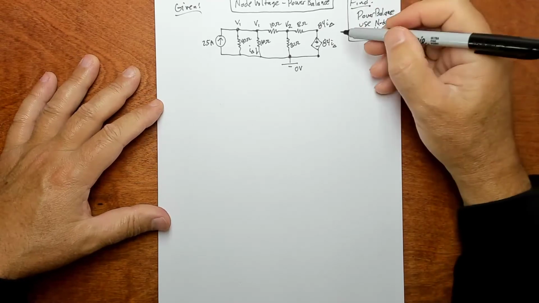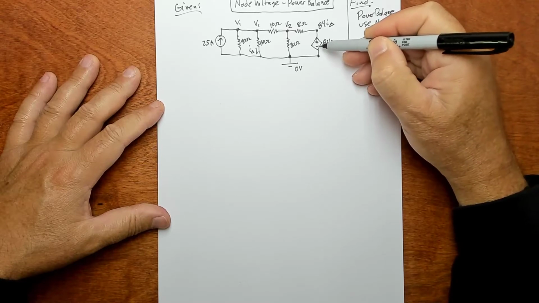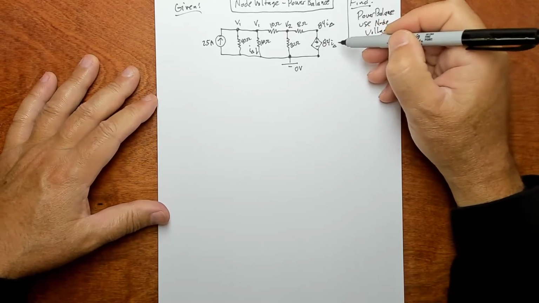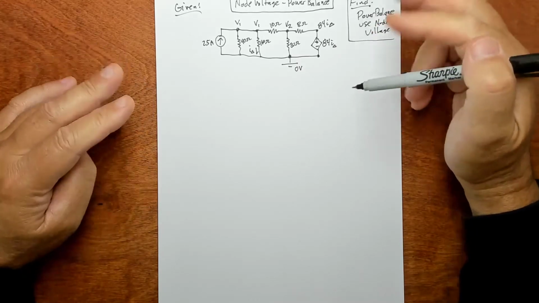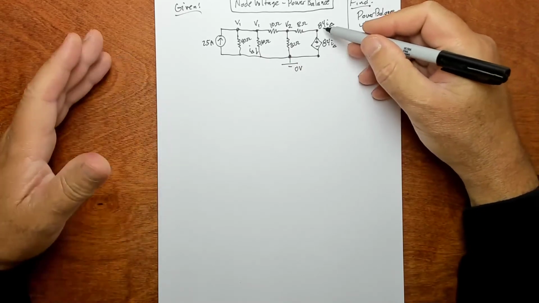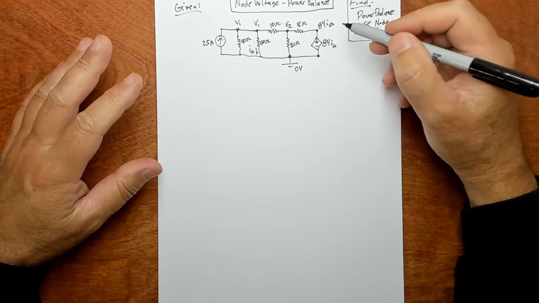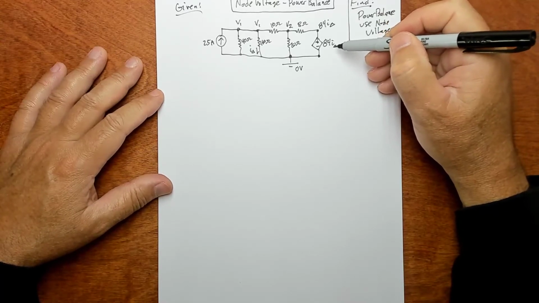So look, don't get confused. This is I delta, which is a current, but this is a voltage source. So there's a conversion factor in there, if you want to think about it that way, turning whatever is measured in amps into a corresponding amount of volts. So try not to get confused on that.